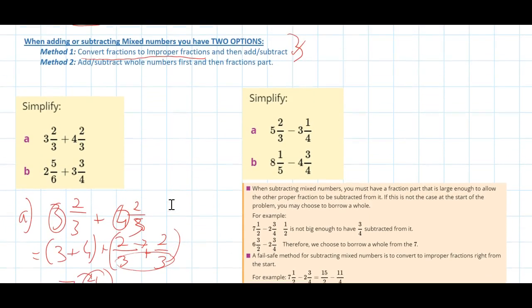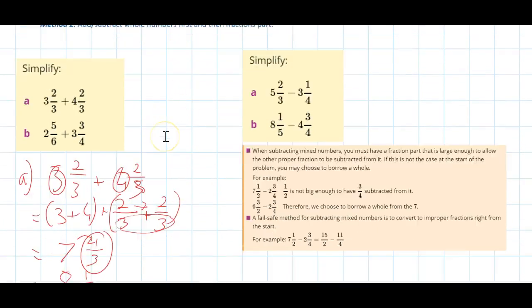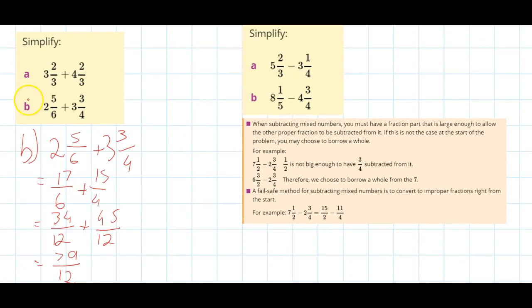So let's have a look now at how we convert mixed numbers to improper fractions. For question B, I've done this for you, just to show you how we can convert the mixed numbers into improper fractions. So I have 2 5/6 plus 3 3/4. What I've done first is just converted them to improper fractions.